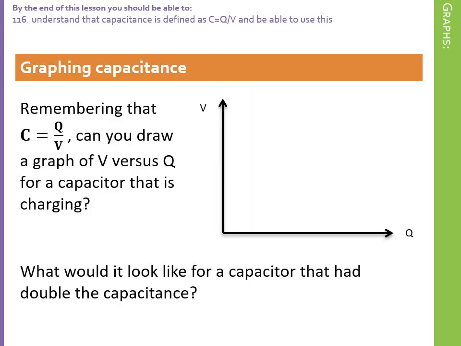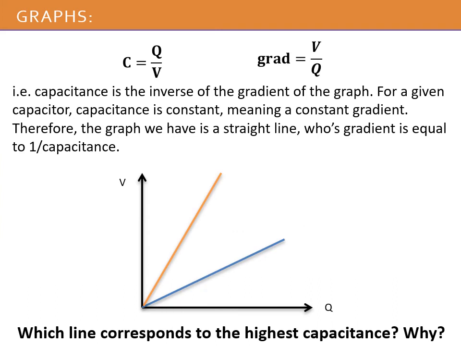Okay, brilliant. So graphically, we can represent capacitance. If we take voltage on the x-axis and charge on the y-axis, then how will we draw a graph of the capacitor? That would be a line between them. So by using the gradient, we can find out capacitance.